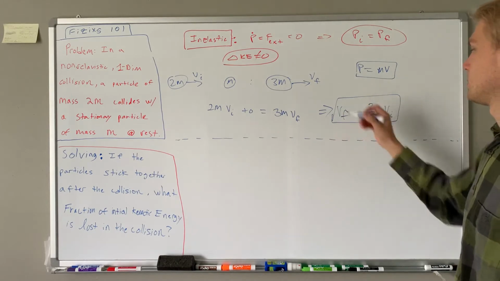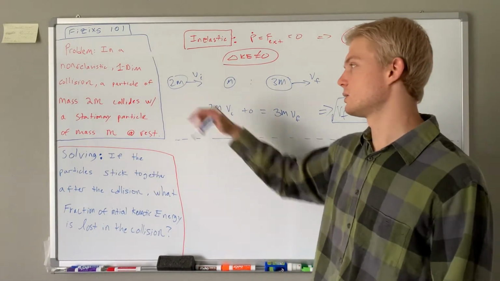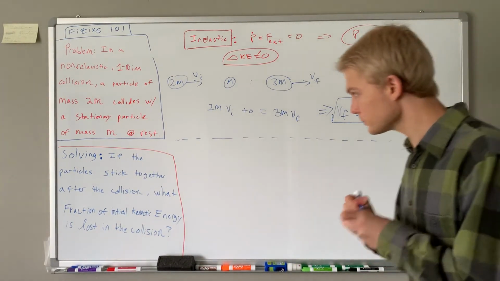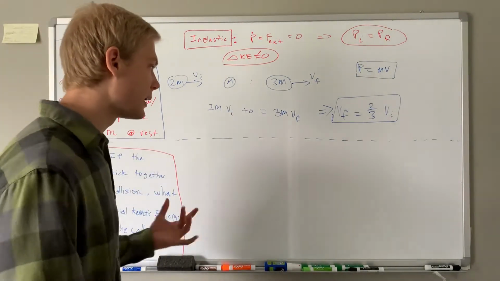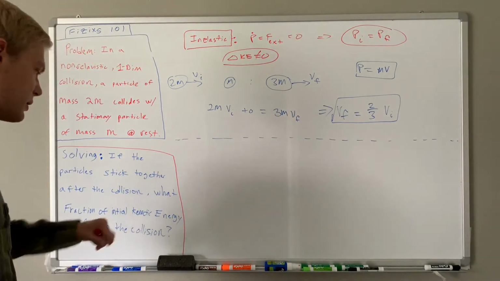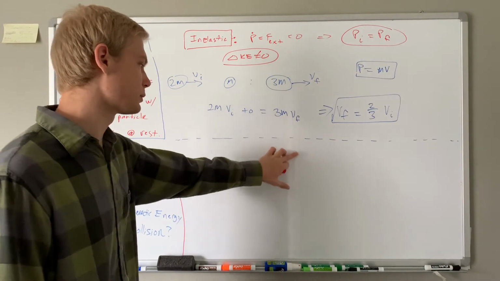So that would be right. Now we use this, and we know that the 2m mass is the only one moving, to get the actual kinetic energy part. The kinetic energy is not conserved, so they're not equal to each other. That's why they're asking you how much is lost, because there was some kinetic energy lost in the collision.